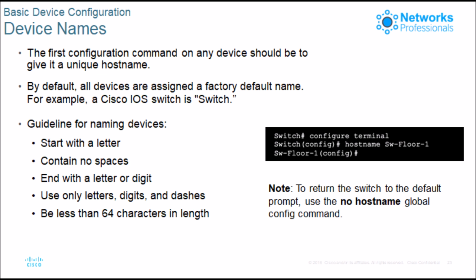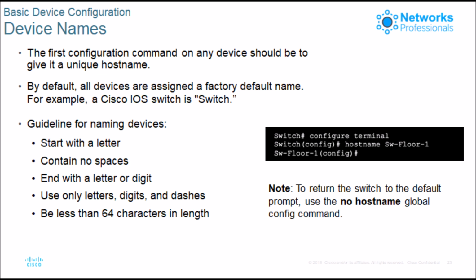The problem is that if all switches or routers in a network were left with their default names, it would be difficult to identify a specific device. For instance, how would you know that you were connected to the right device when accessing it remotely using Telnet or SSH?